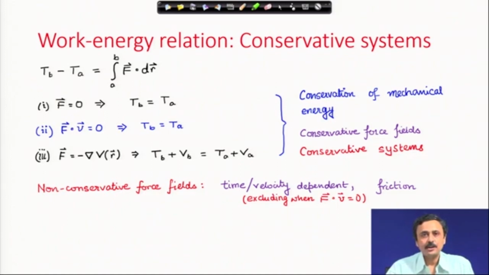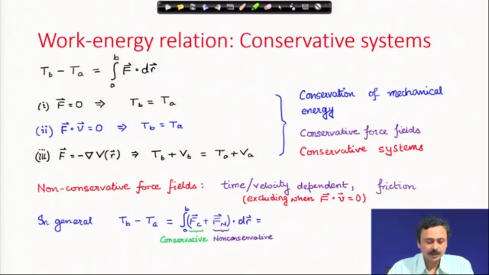Such systems are non-conservative, excluding of course the case where F dot v is 0, like a charged particle in a magnetic field, and then it becomes conservative. So, the force is velocity dependent, but it is still conservative. Then friction, dry friction, let us say, there also it becomes non-conservative. So, these are non-conservative force fields.